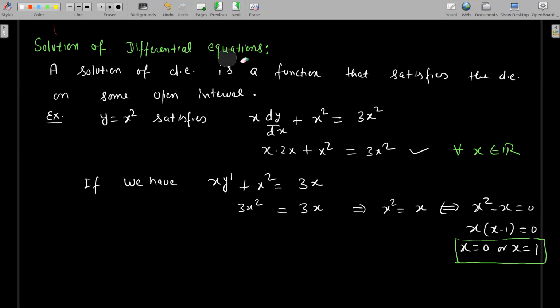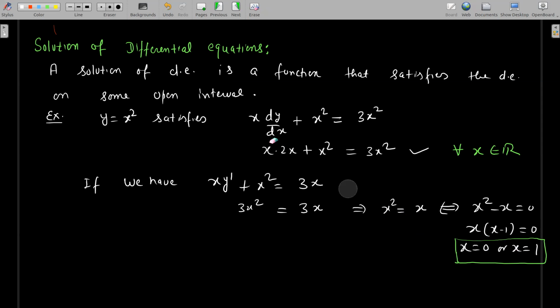And what is the definition? A solution is a function which satisfies the equation on some open interval. But in the second case, this is a solution only for these 2 points. So there is no open interval.